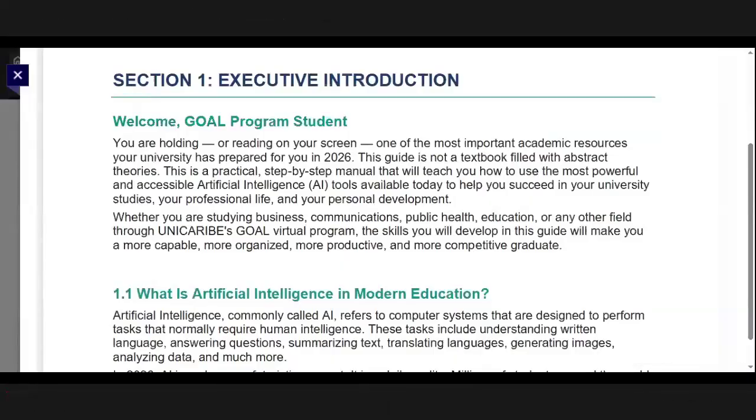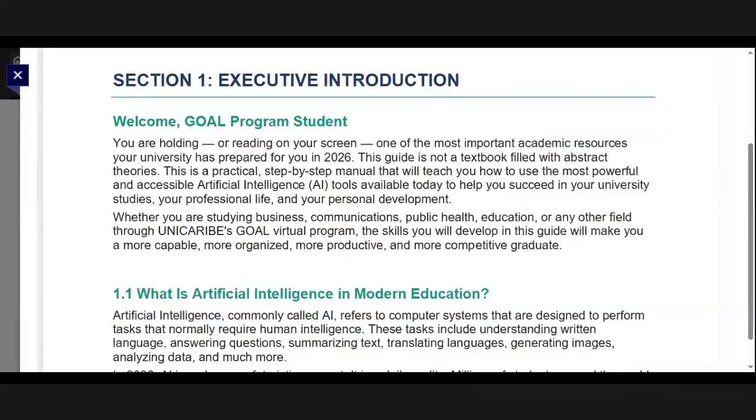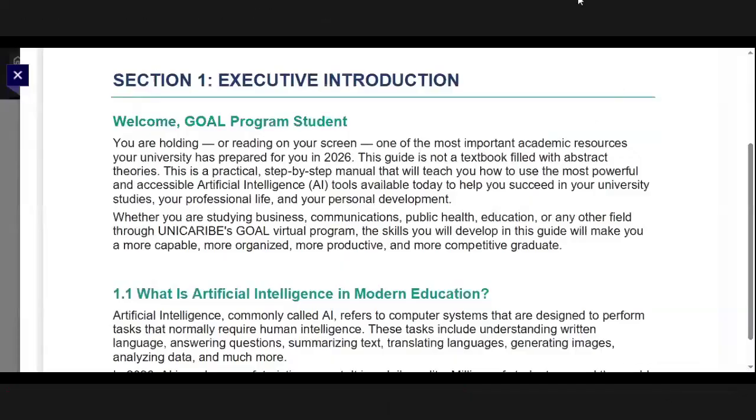But first of all, I have the introduction over here, and I'm going to give you the basics of those specific tools that you can use for academic purposes, for helping you as a virtual student to develop your activities, okay? To get the advantage of using those specific tools.